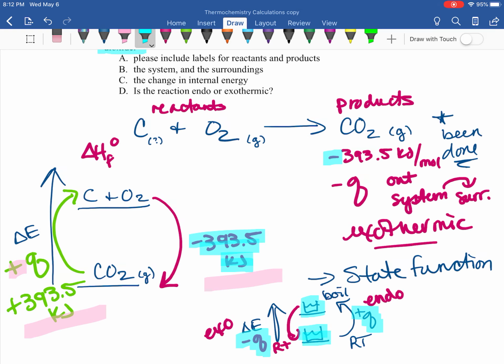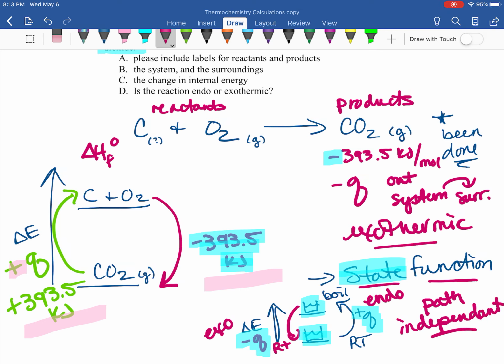That's what a state function means. What my internal energy is based on the state it's in right now, not how it got there. So often, something that's a state function is called path independent. All right, just like many of us, right? We are path independent. It doesn't matter how that beaker of water got to room temperature before your experiment.